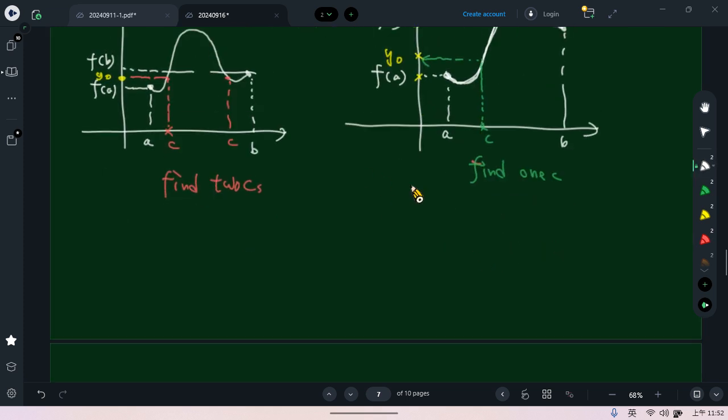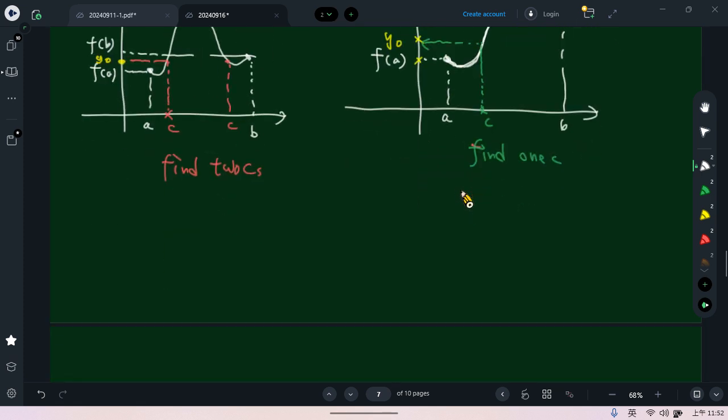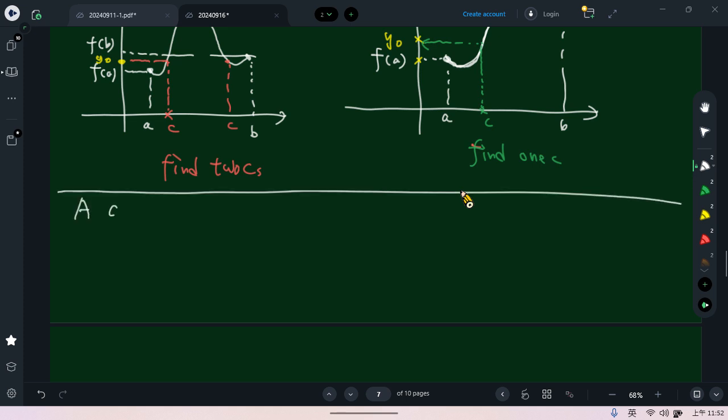Okay, so how can we apply the intermediate value theorem to solve some problems? The simplest consequence is root finding. 找根，root finding 叫做找根。What is root finding?